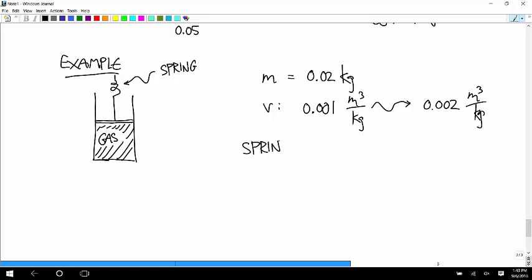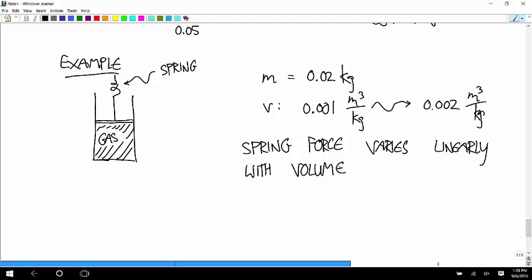And the spring force varies linearly with volume. So there's a linear relationship between the volume and the spring force. From 0 newtons at the first state to 10,000 newtons, that's a strong spring, at the second state.